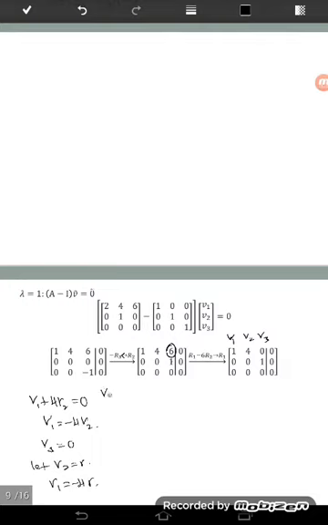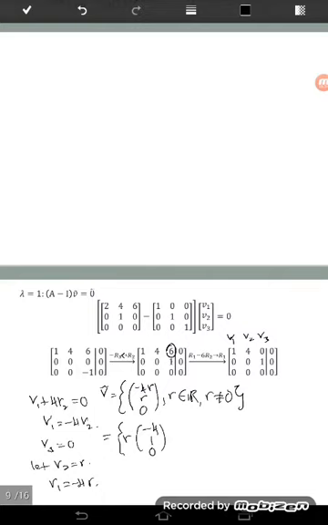So we have the eigenvector v, which is equal to negative 4r, then r, and v3 is 0, for r an element of real numbers such that r cannot equal to 0. Or you can write it as r times negative 4, 1, 0, with r an element of real numbers and r cannot equal to 0.